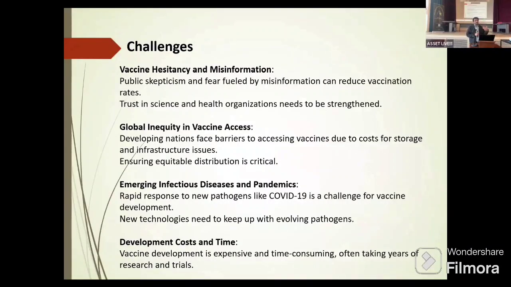So that's a challenge, that vaccine strategy is still not there for the developing countries especially. And then global inequity in vaccine access. The developing nations may not have proper transport, proper storage, or proper technical people that can administer the vaccine. And also emerging diseases like COVID are challenging. 4 years back, no one had any idea what the pathogen was or how to produce the vaccine.